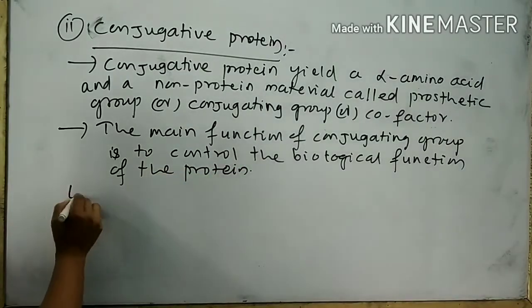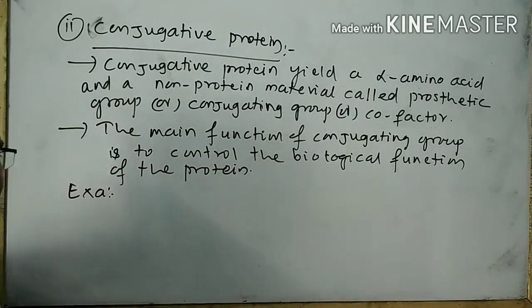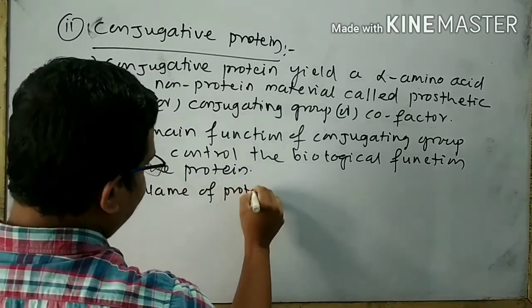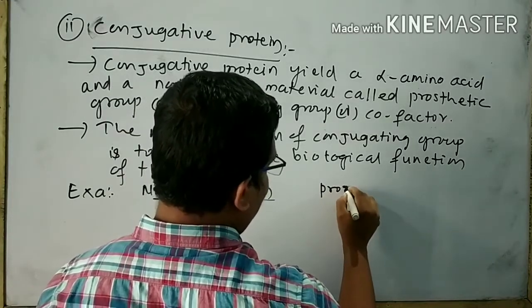Now I will take some examples of conjugative protein and their prosthetic group. Name of protein and the other is the prosthetic group.